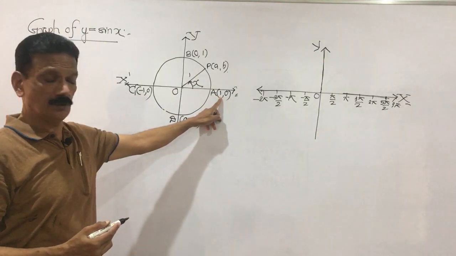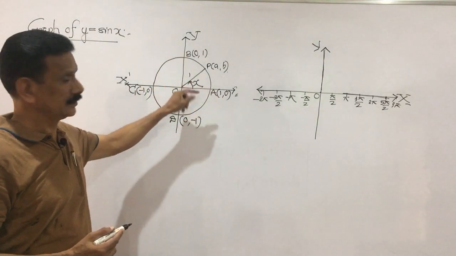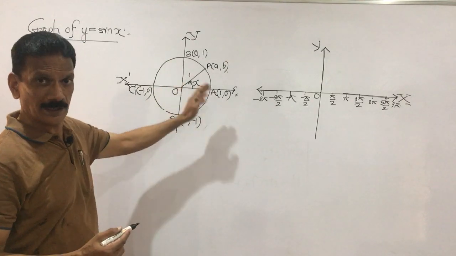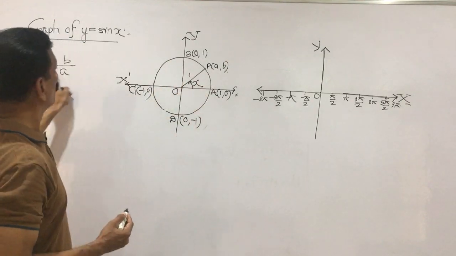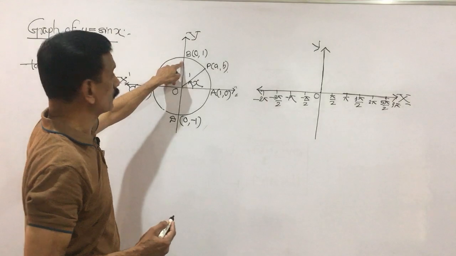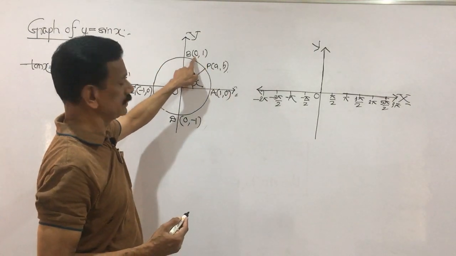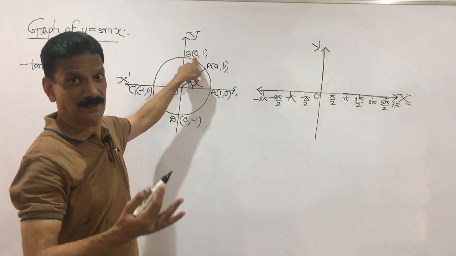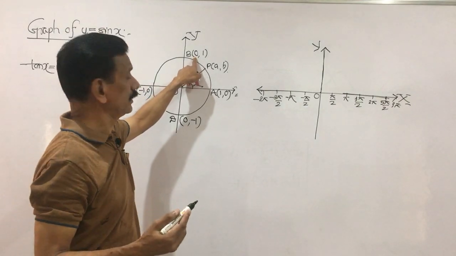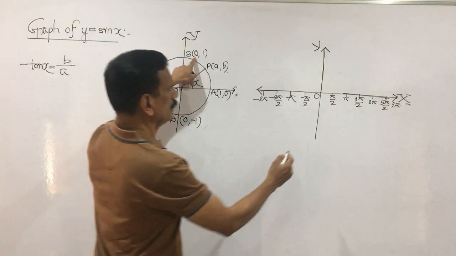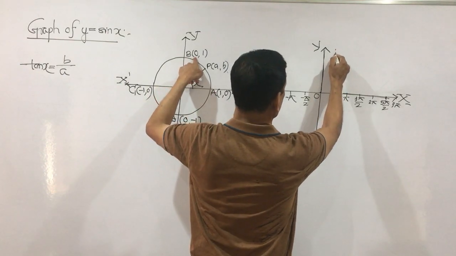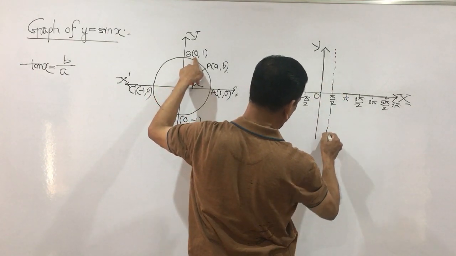And as the value of x increases, the value of y also increases. See here, when it comes here, what are you getting? b by a means 1 by 0, so you get infinity, because any finite number divided by 0 is an infinite number. So here I draw a dotted line at pi by 2.